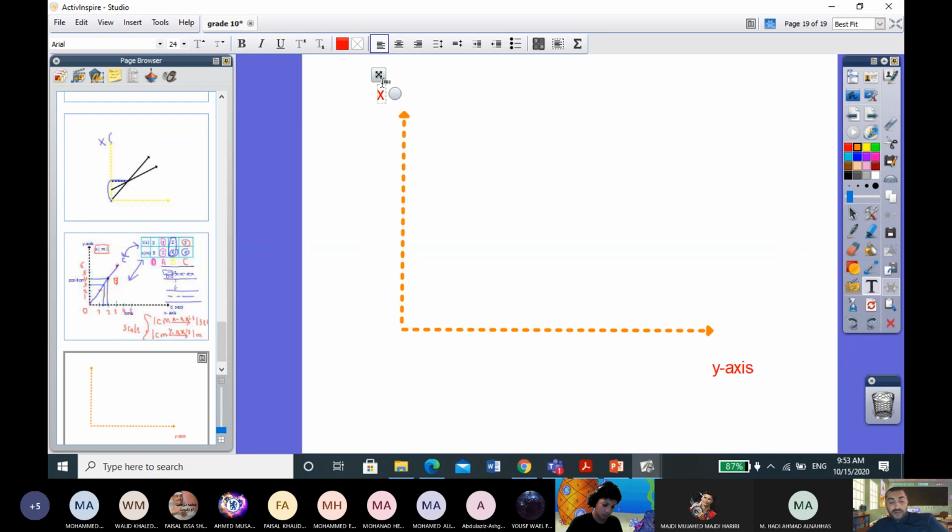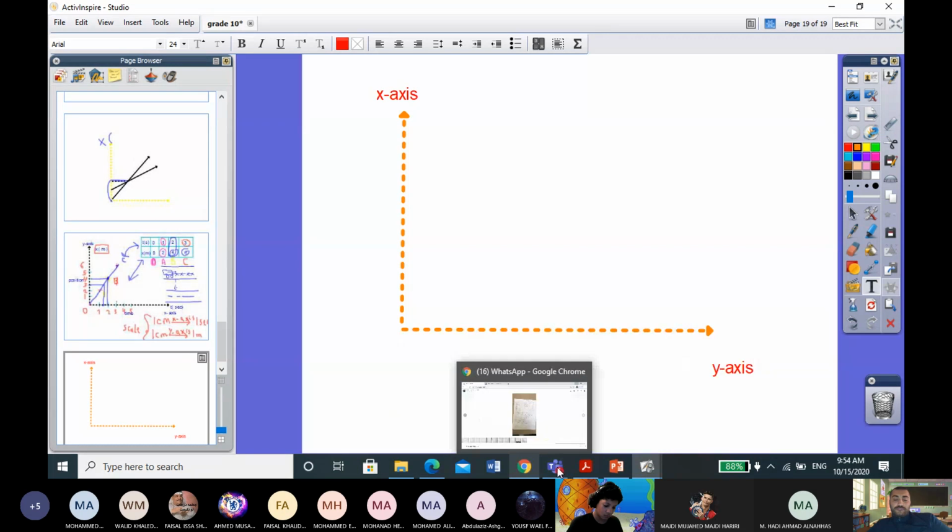You can see it later on. You cannot say that, oh, they are solving in a wrong way. So if the x-axis is here and the y-axis is here, then time will be here and the position will be here. You will not see it all the time. Sometimes you can see this. Okay, so can you repeat this?